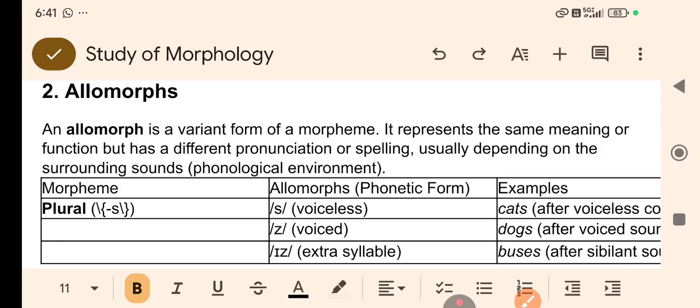Remember, an allophone is a variant form of a phoneme, meaning how P is pronounced in different ways in different words because of the environment, the phonemes before and after.